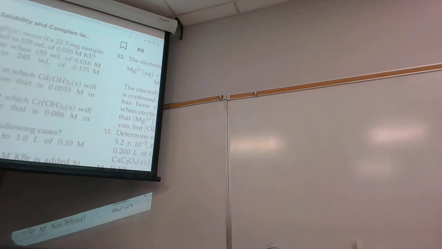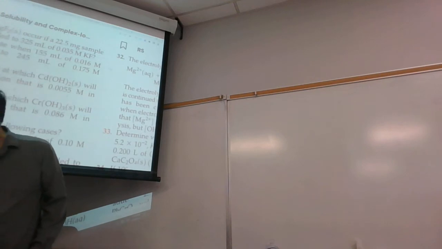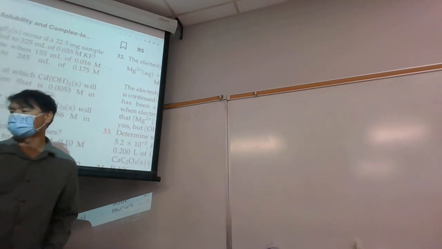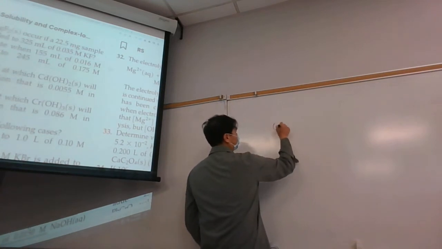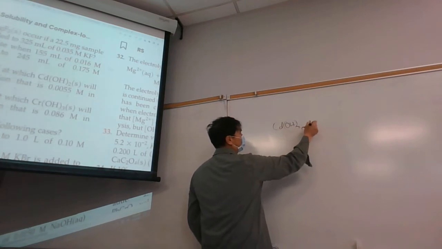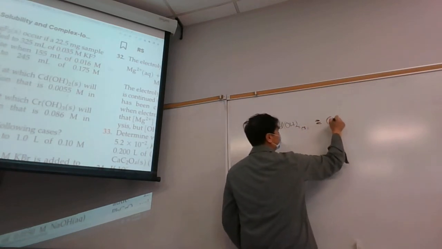For this one, cadmium hydroxide will precipitate from a solution that is 0.055 molar cadmium 2+. So whenever we're doing precipitation or dissolution, we always write the KSP equation for both.